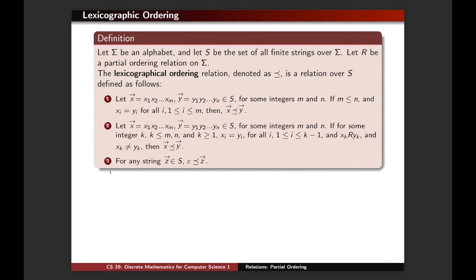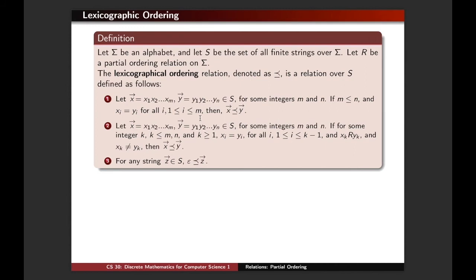So we have three items here. First, so let's take some time to read it. So we have two strings. Let's call this string X and string Y. String X has length M, string Y has length N. If M is less than or equal to N, and both strings have the same symbols in their first M positions.